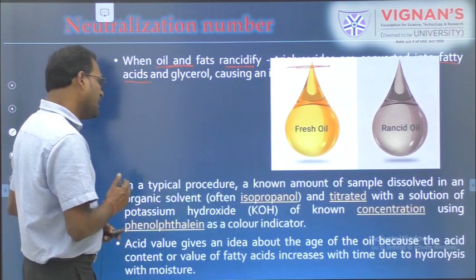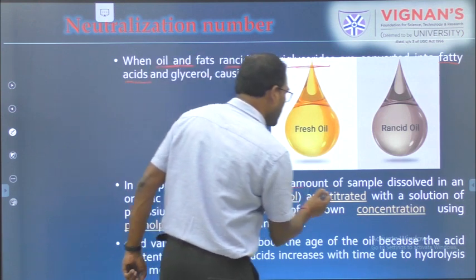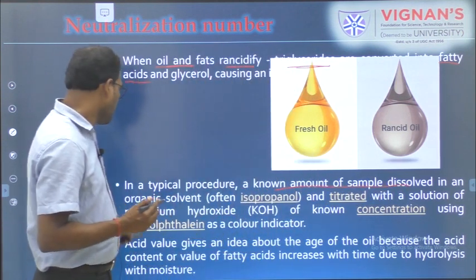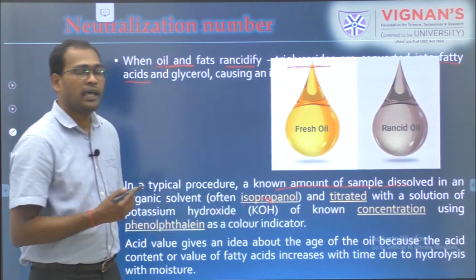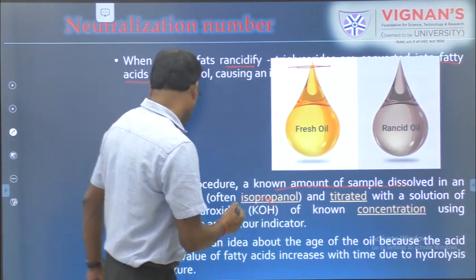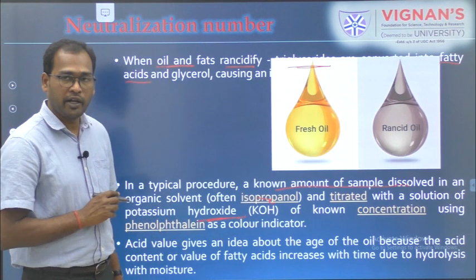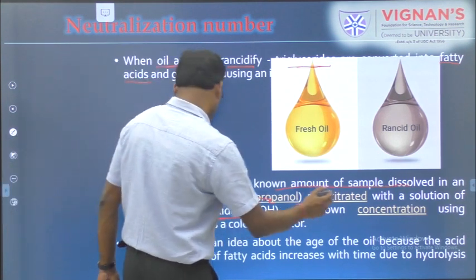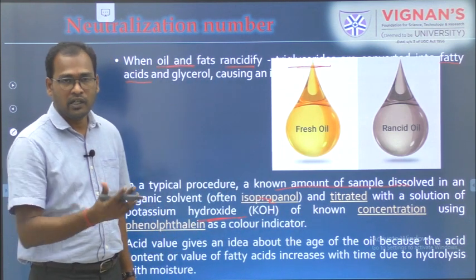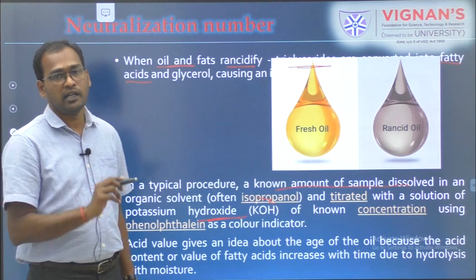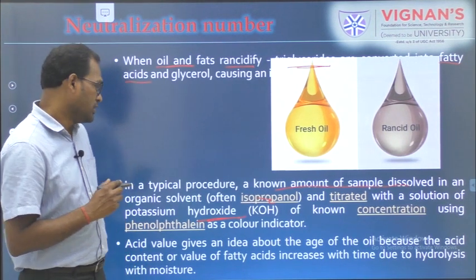In a typical procedure, a known amount of sample is dissolved in an organic solvent, especially isopropanol, and this is titrated with a solution of potassium hydroxide, using naphthalene as an indicator, which will give you the color change when you titrate the excess potassium hydroxide against HCl.